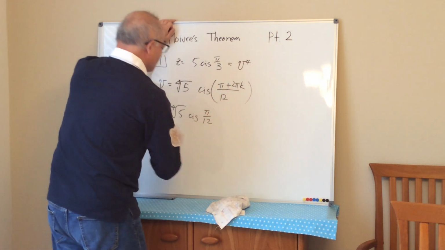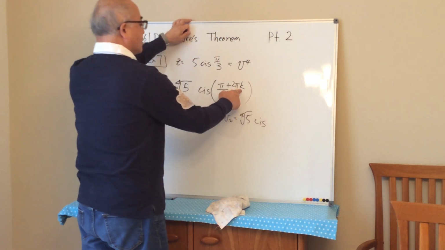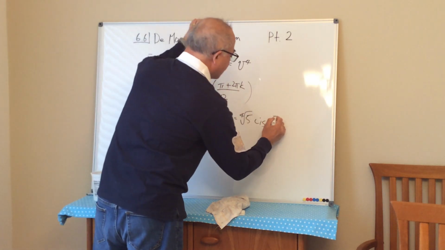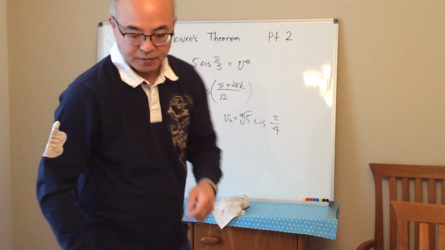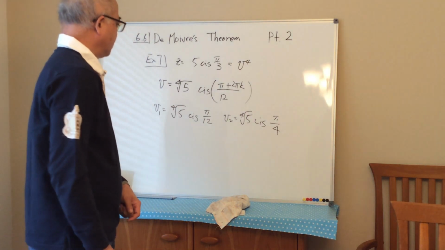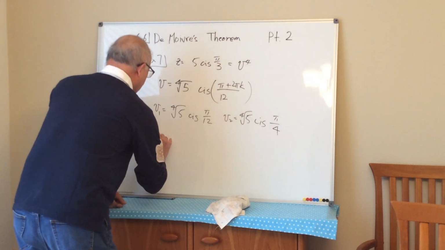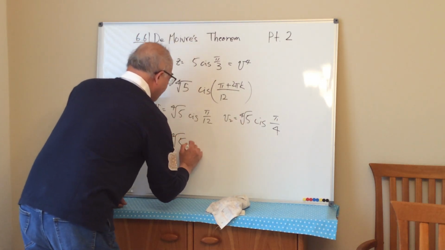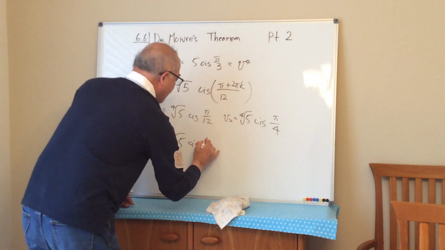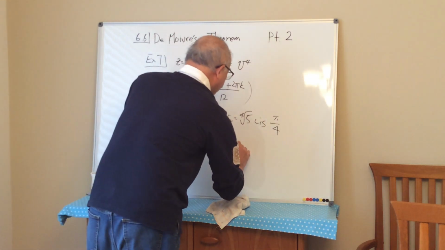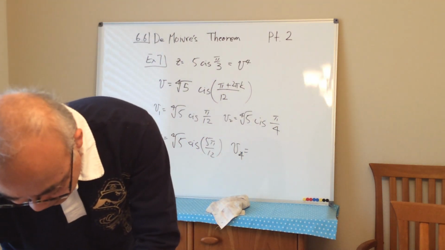V2 is with k equal to 1. Hmm, what's going on here? Let me check this.